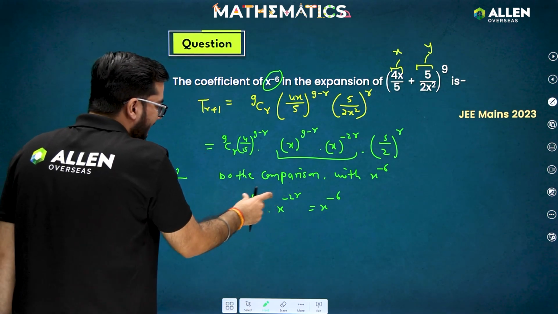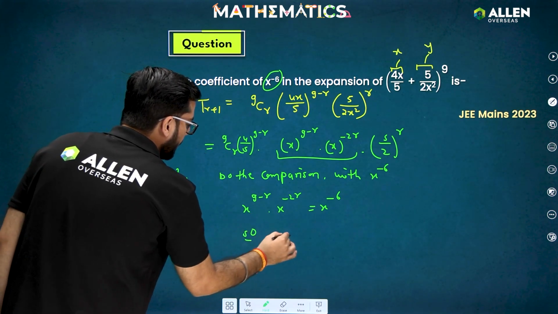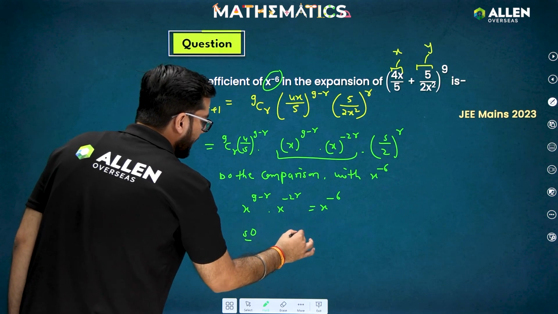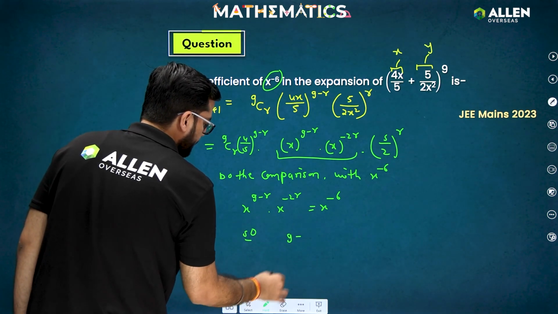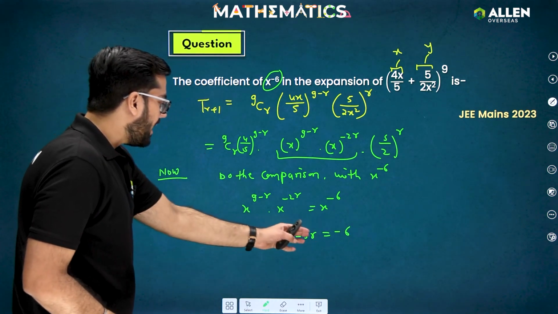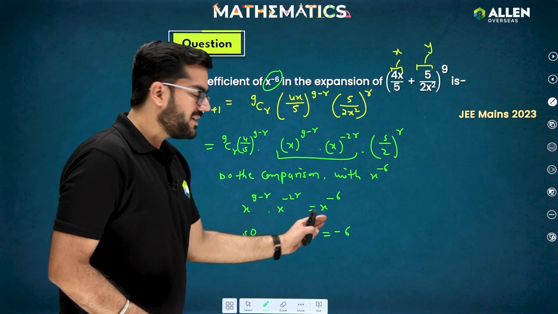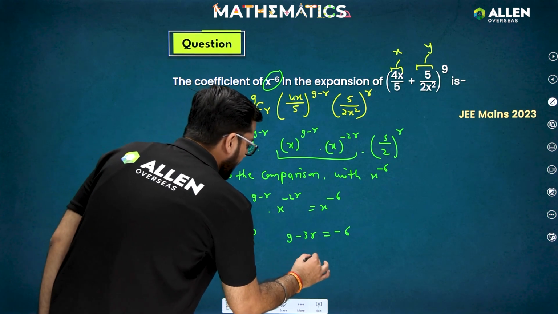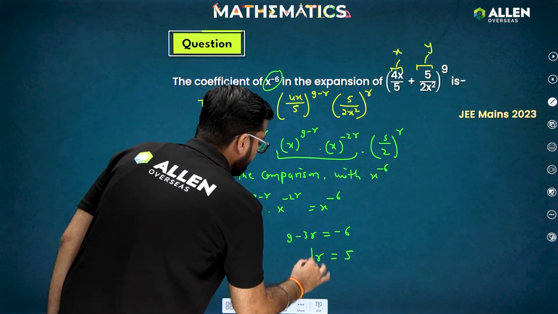So the power I have, that is 9 minus r minus 2r, I will get minus 3r, which is equal to minus 6. So I can solve this: 3r is equal to 9 plus 6, that is 15, and then r you will get, that is 5.